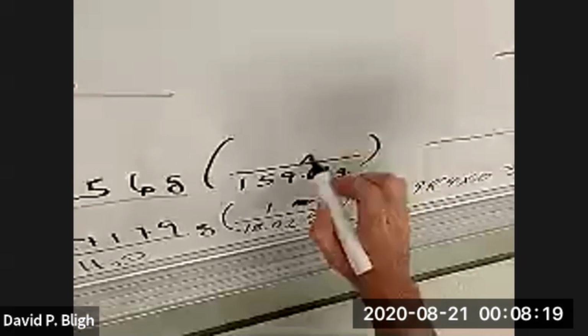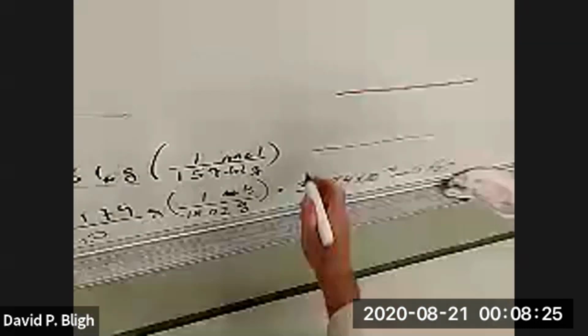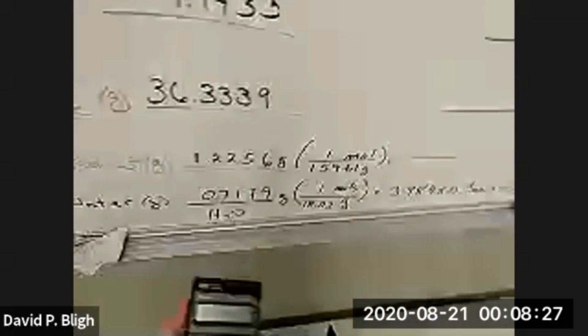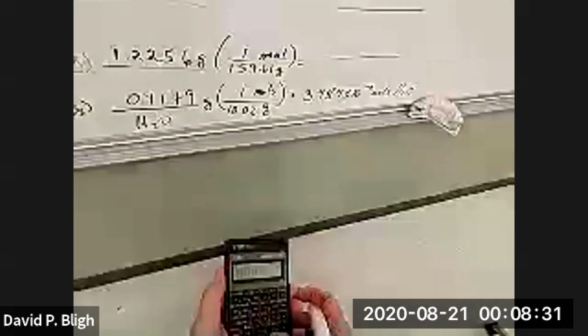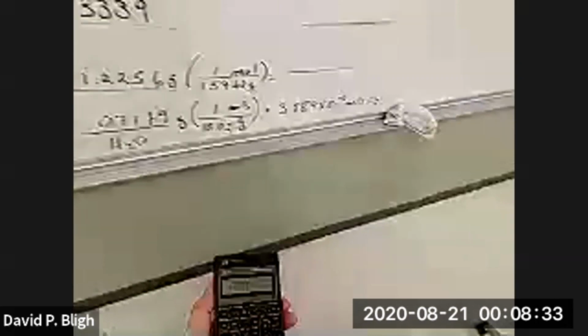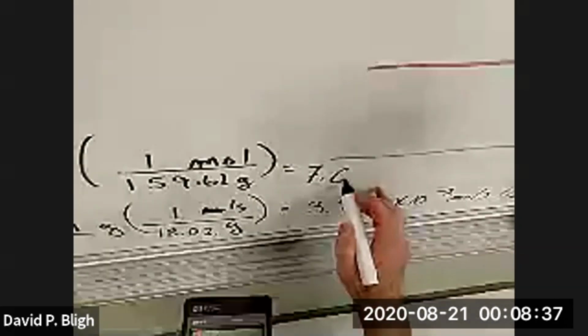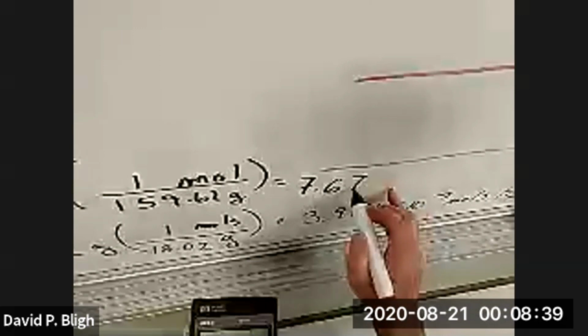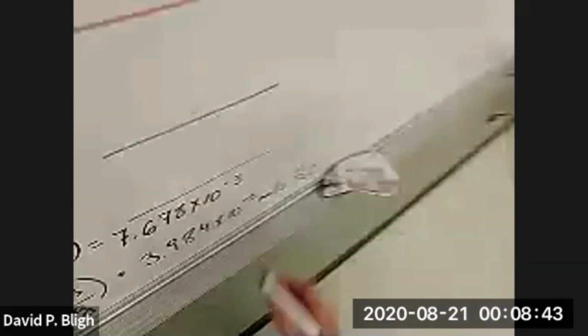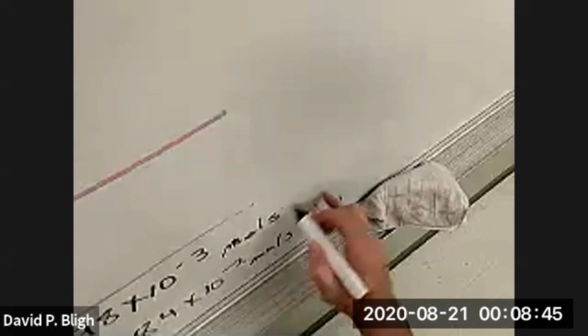So here we have this one per mole. This is otherwise known as molar mass. The molar mass of copper sulfate is this, right? So we'll divide that into 1.2256, and we get 7.678 times 10 to the minus 3 moles of copper sulfate.